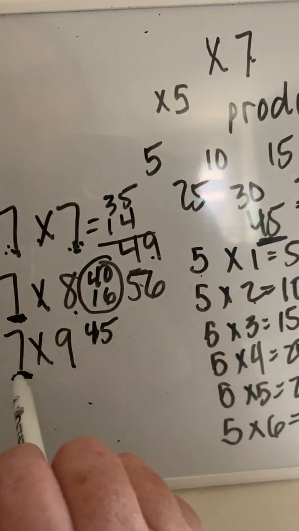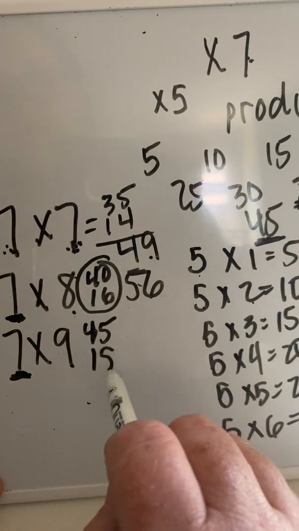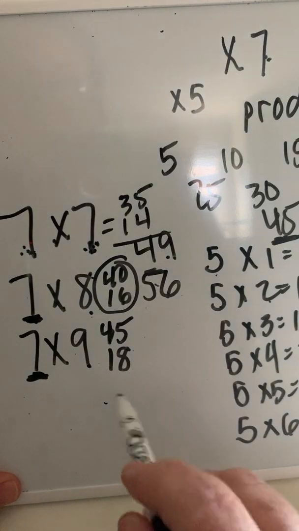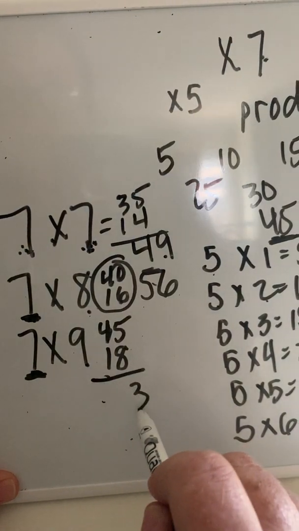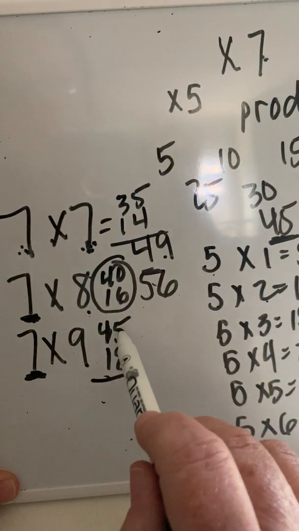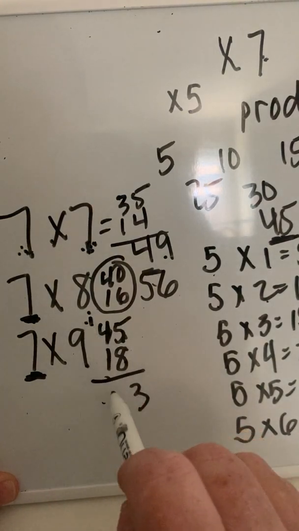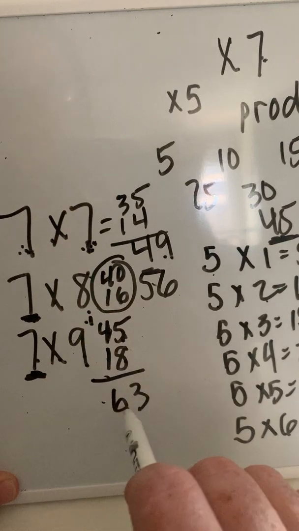And 2 times 9, 18. This is getting tricky here. If you can do mental math, this is your strategy. 45 plus 18: 5 plus 8 is 13, 4, 5, 6, 63. 7 times 9 is 63.